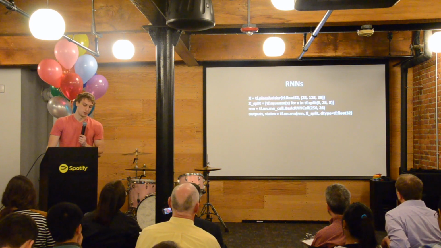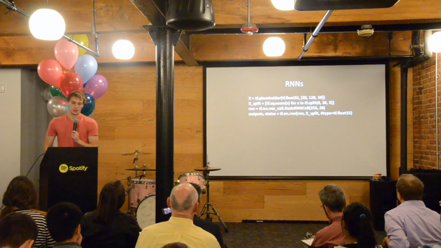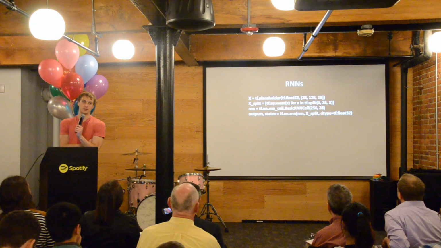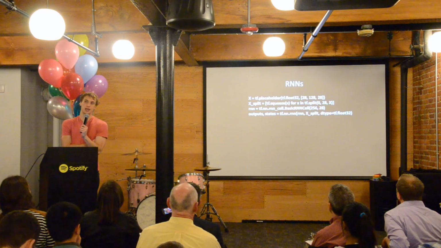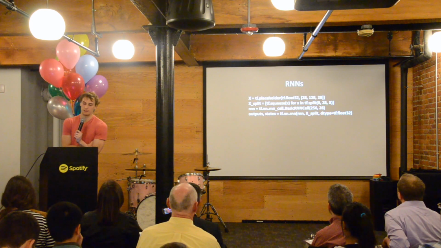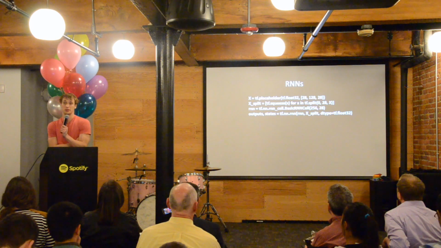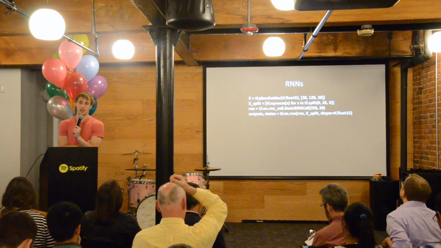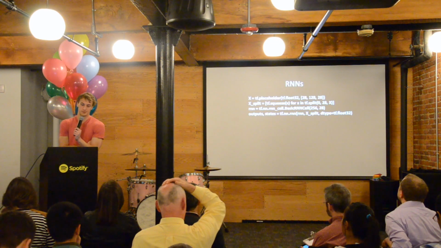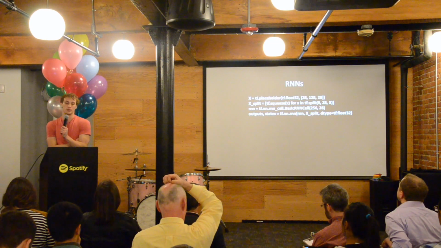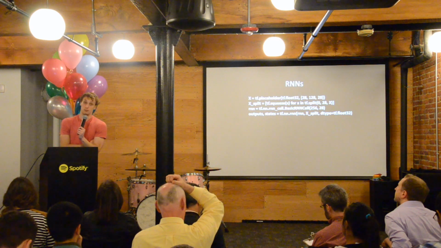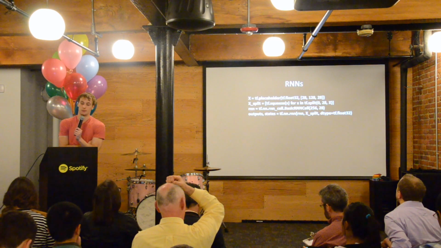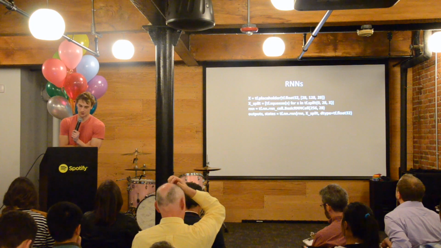In standard TensorFlow, this is what it would look like. You would construct a placeholder, but instead of just being batch size by feature size, like 128 by 784, it has to have 3 dimensions. The first dimension is your sequence length, the second is your batch size, and the last is your feature dimension. So this would be 28-element-long sequences with 128 examples at a time, and each example has 28 features.